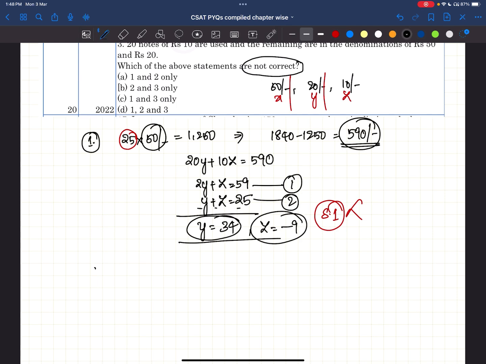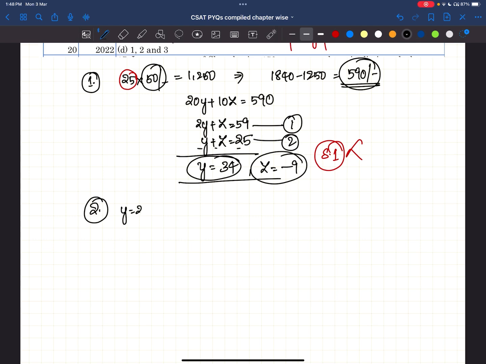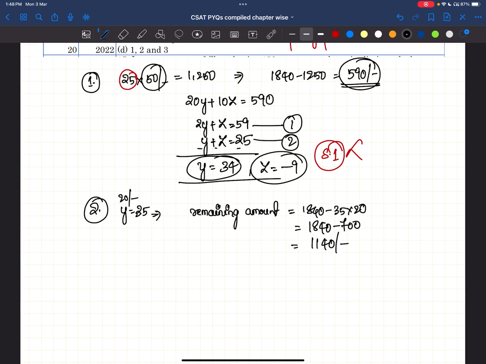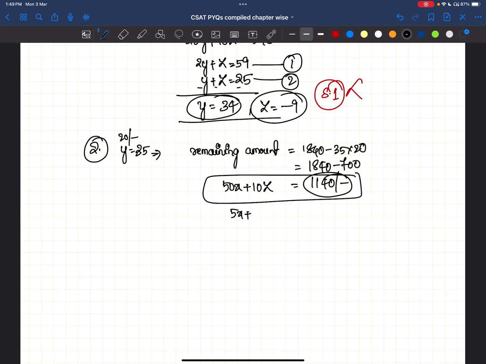Similarly, we'll solve for statement 2. It is telling y is 35, that means 20 rupee notes are 35 in number. What is the remaining amount? 1140. Similarly, this sum should be equal to 50 into x plus 10 into z, so 5x plus z is equal to 114.